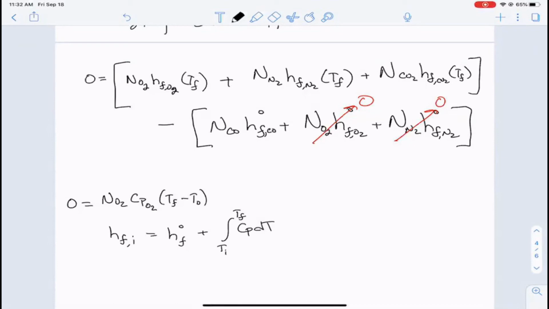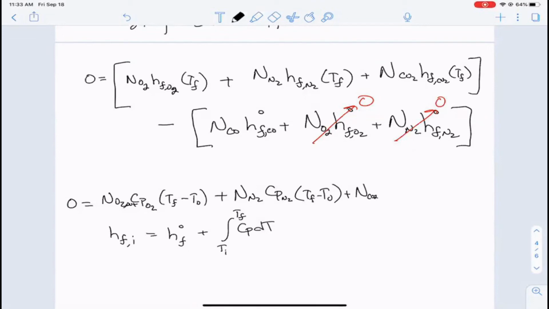And you can do the same thing for nitrogen, because the standard heat of formation for nitrogen is also equal to 0. So this is the number of moles that are leaving. So that's the number of moles of nitrogen times the heat capacity for nitrogen times T final minus T0, then plus the number of moles of CO2 that are leaving times the heat of formation for CO2.